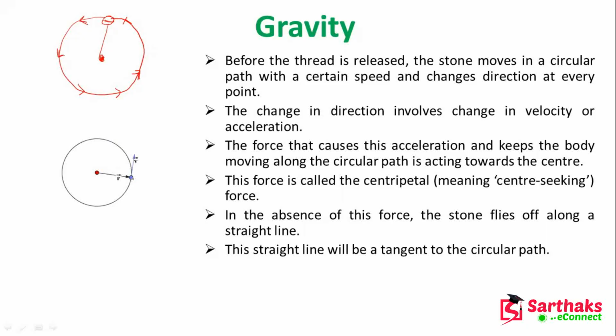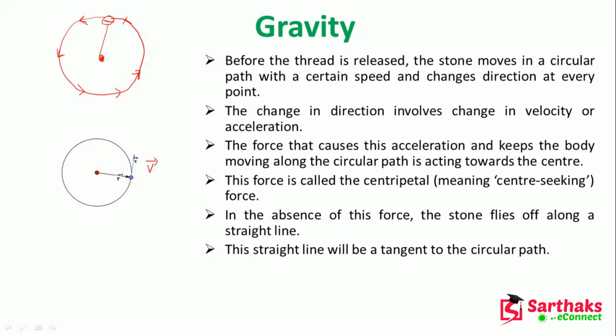Here in this figure you can see this is an object, and this is the center of the circle, and in this circular path the object is moving. The velocity is denoted by this arrow, v, but there is another force acting along the radius, that is called the centripetal force.